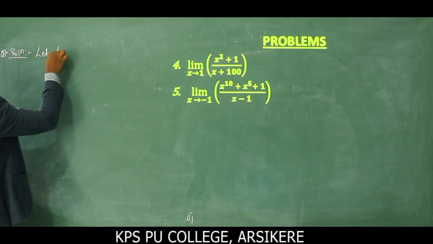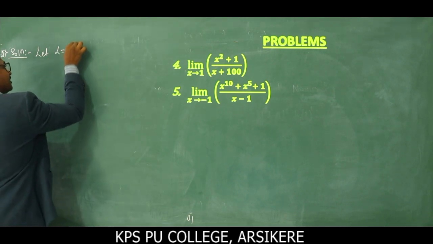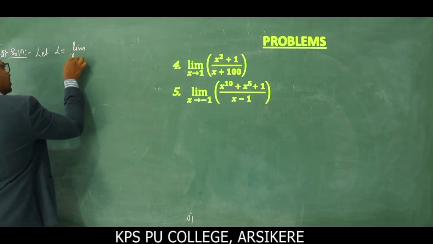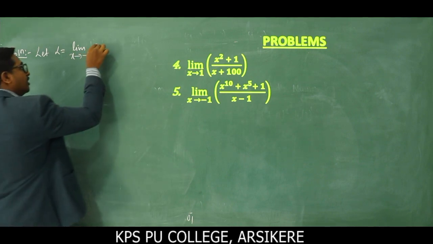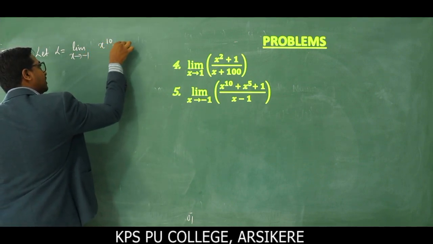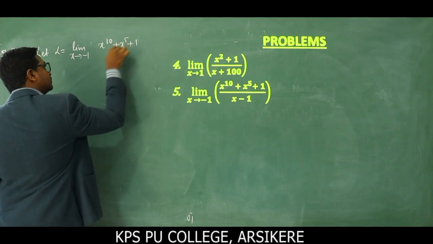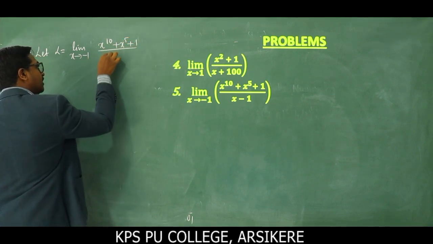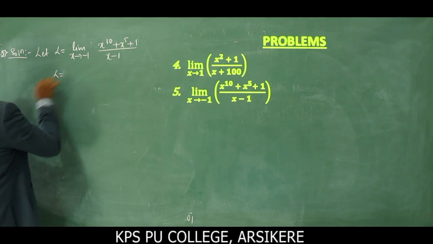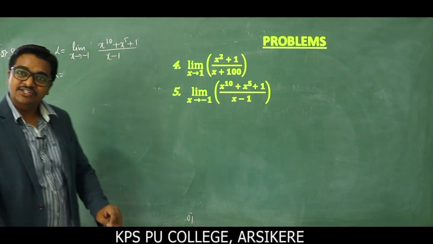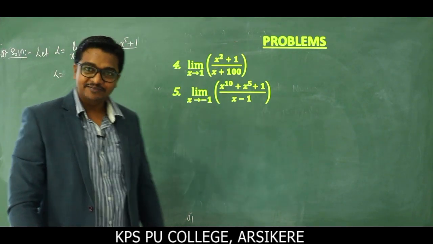Let L be equal to the limit as x approaches minus 1 of (x to the power 10 plus x to the power 5 plus 1) whole divided by (x minus 1). So directly we can replace x with minus 1.